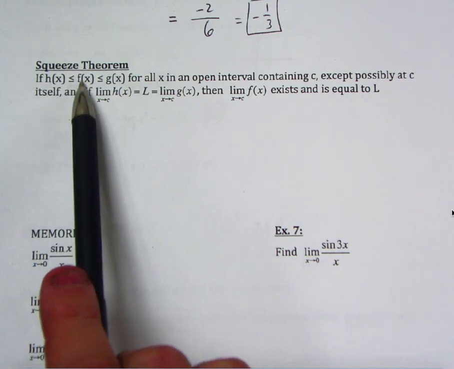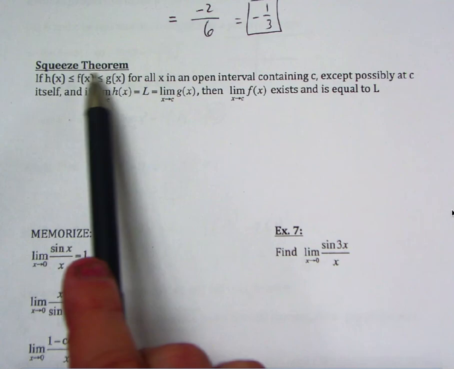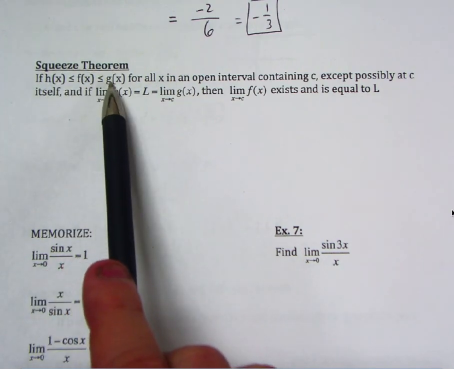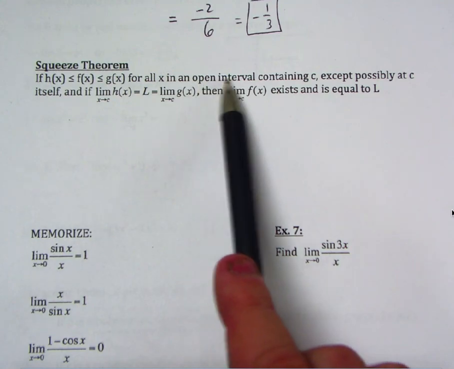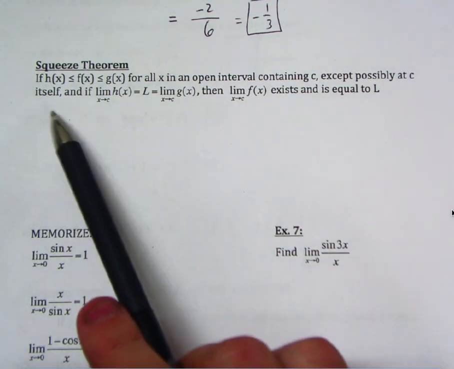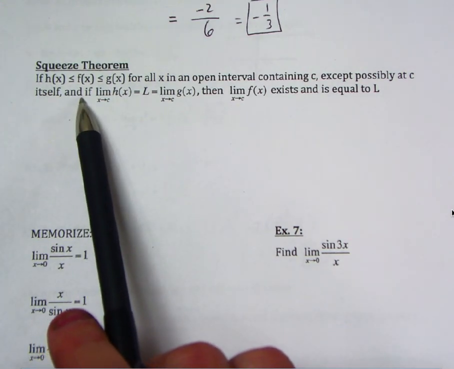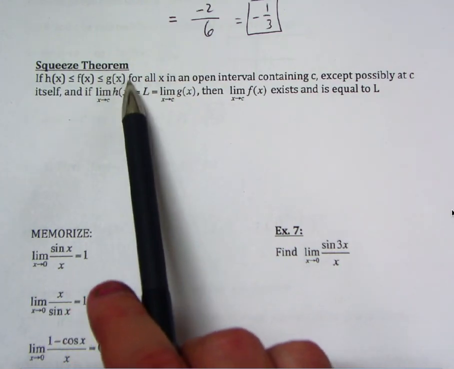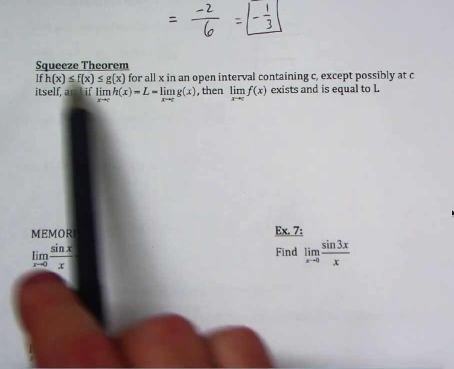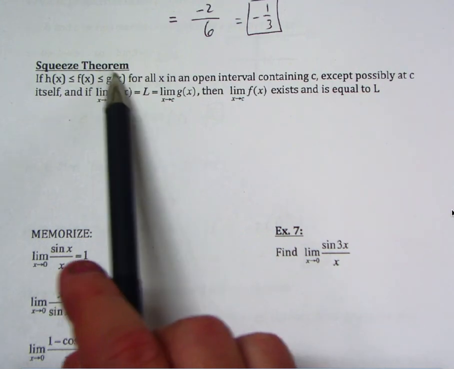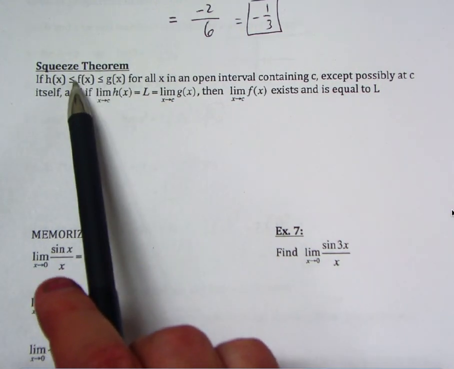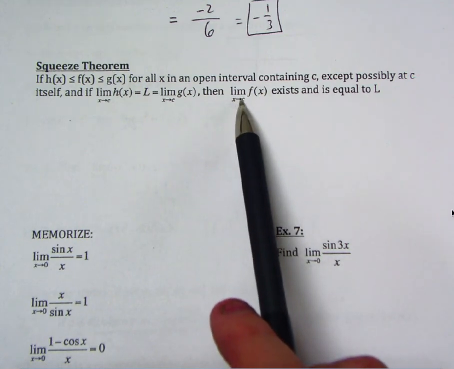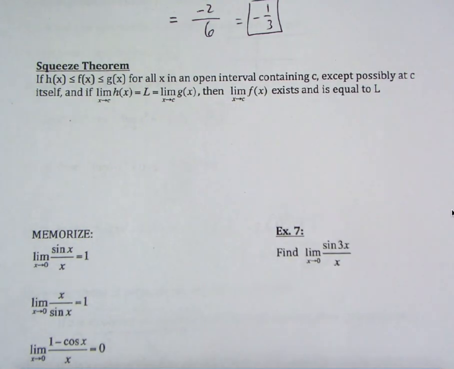If you have 3 functions, and one is always in between or equal to the other 2 functions, for all the x values in an open interval containing c, except possibly at c itself, and if the limit of this function as x approaches c equals L, and the limit of g as x approaches c also equals L, so if these outer functions have the same limit as x approaches c, and this one is always in between these two or equal to, then the limit of the middle one as x approaches c is also equal to L.